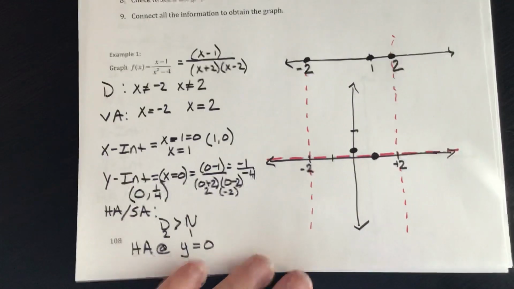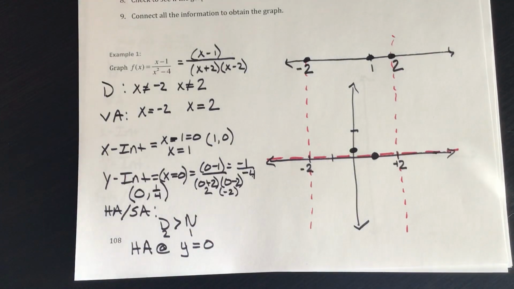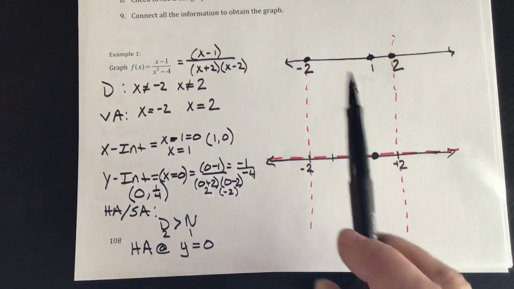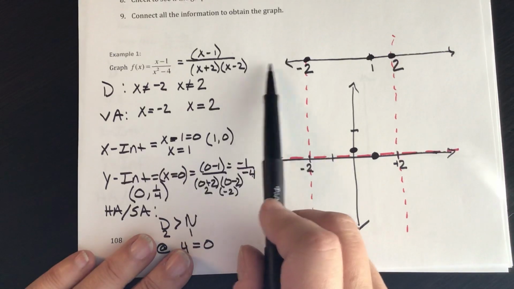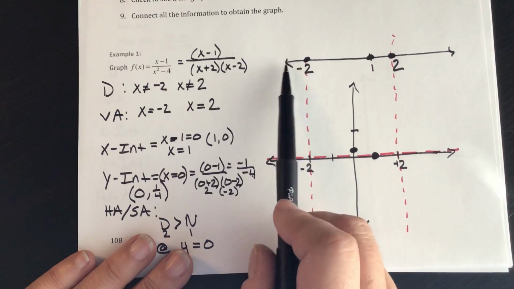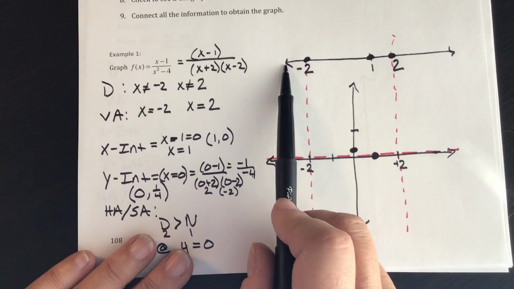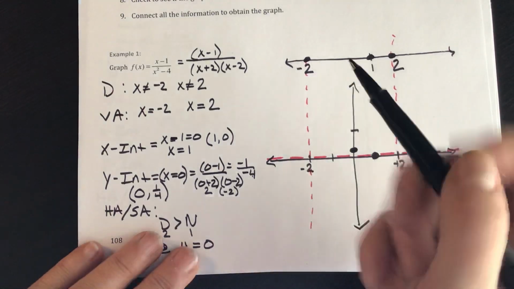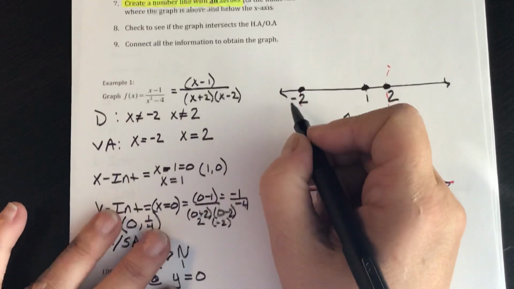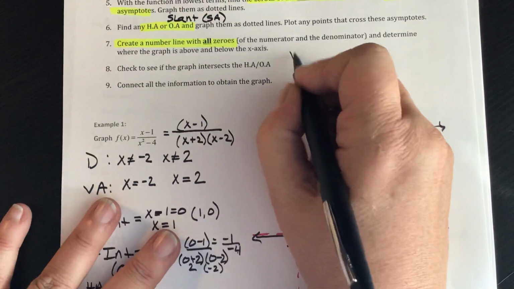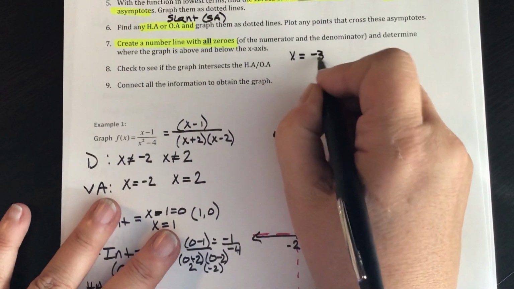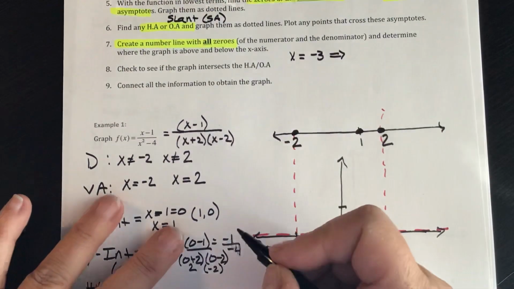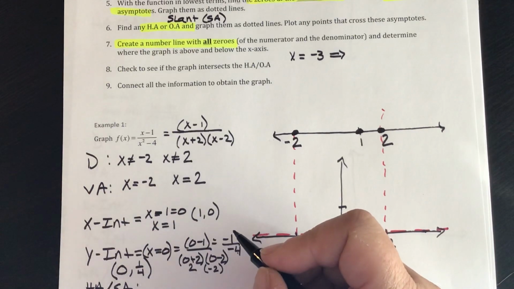So now I'm going to look at what happens as I approach -2. I'm going to pick a number to the left of -2, like -3. So if x is -3, let's see what happens. Is the graph positive or negative?